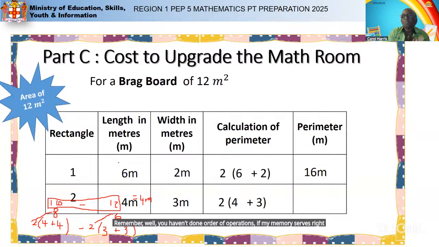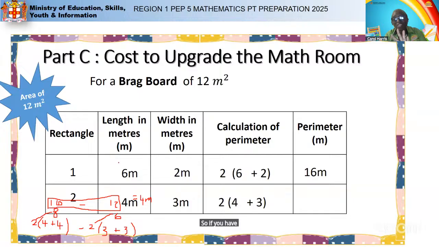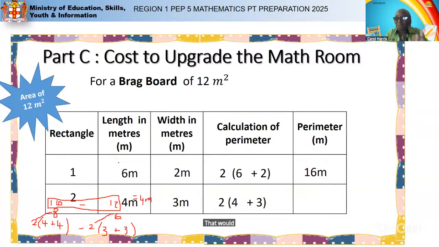Remember the rectangle only has 4 sides. So if you have 2 times 3 plus 3, it means that I have 2 sets of 3 plus 3. That represents all 4 sides with length 3. And that's not the shape we're dealing with. We're dealing with a rectangle.